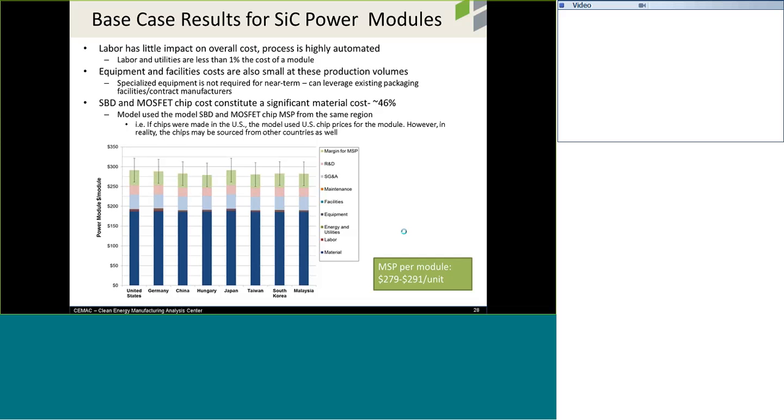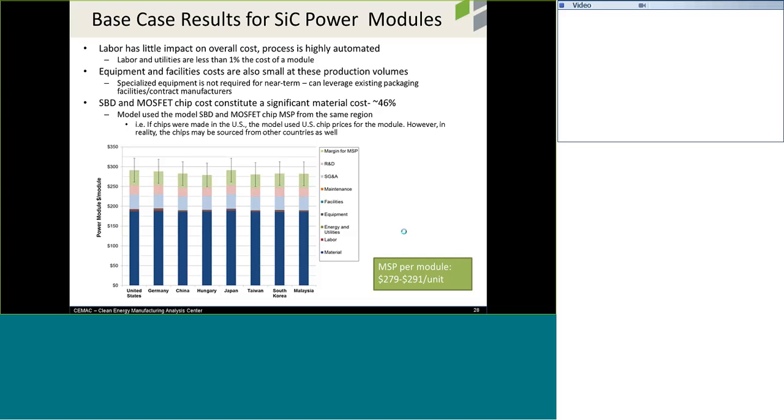And in our current scenario, we think that the silicon carbide diodes and MOSFETs are about 46% of the cost. Now, it should be noted that for this model, we basically did that if the U.S. made chips, we inputted the U.S. chip cost into the model.